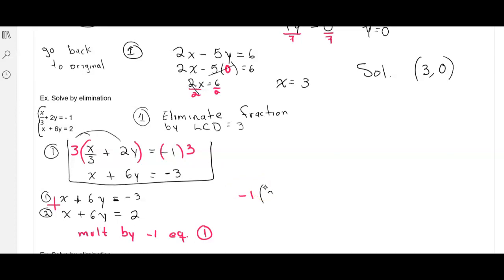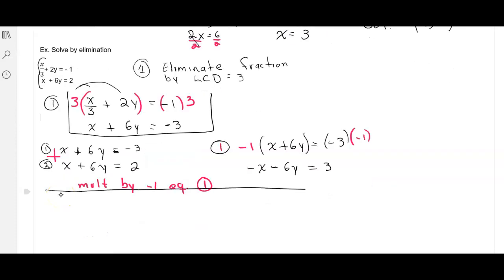So negative 1 times x plus 6y equals negative 3. Actually, let me close parentheses here. Negative 1. Now my second equation will stay as it is. So this one is negative x minus 6y equal to positive 3.